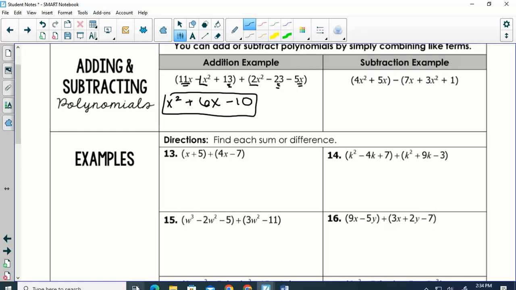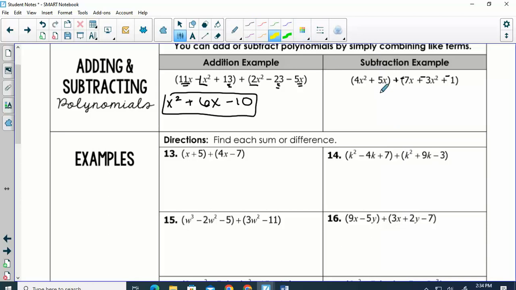Subtracting is almost the same, but here's what I suggest. You notice there's a parenthesis after the subtraction? What I want you to do is change it to addition and distribute that negative to everything. So it becomes a negative 7x, a negative 3x squared, and a negative 1. So we have to subtract every one of those terms off. Easiest if you just give them each the negative. And now we can add like the previous example.